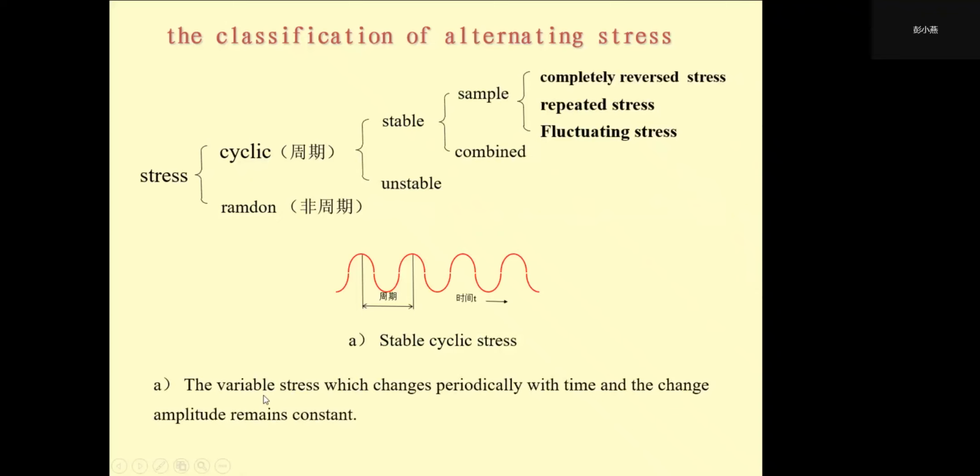The variable stress will change periodically with time, and the change amplitude remains constant. This is stable cyclic stress.